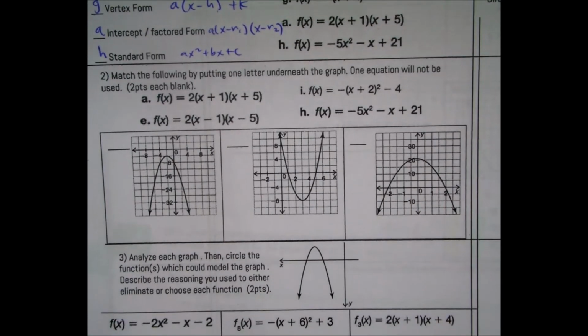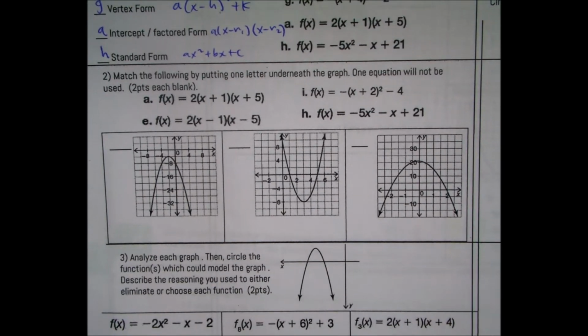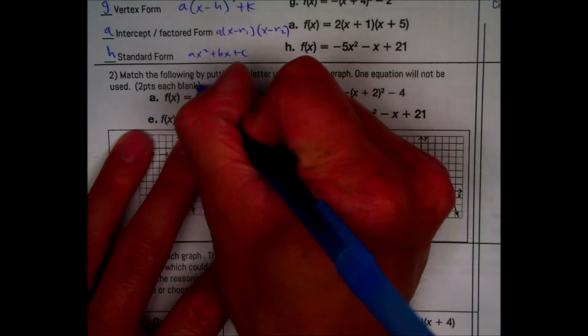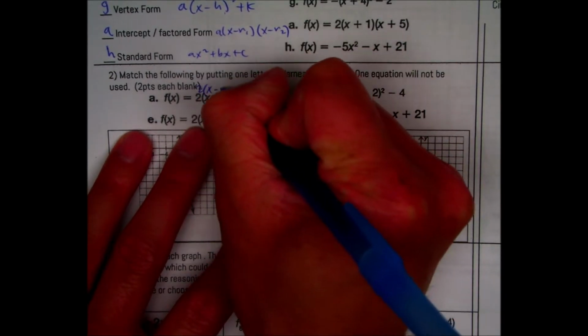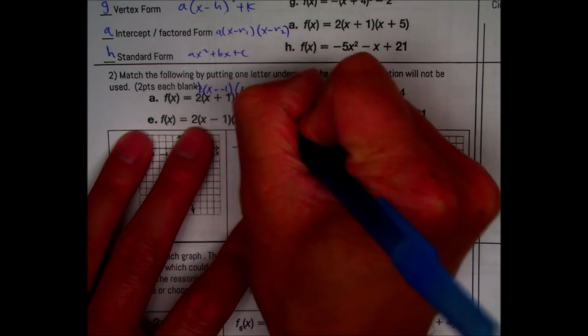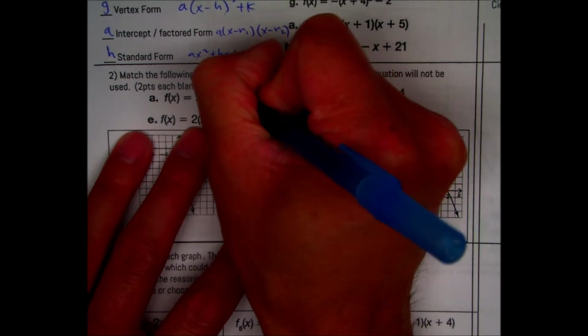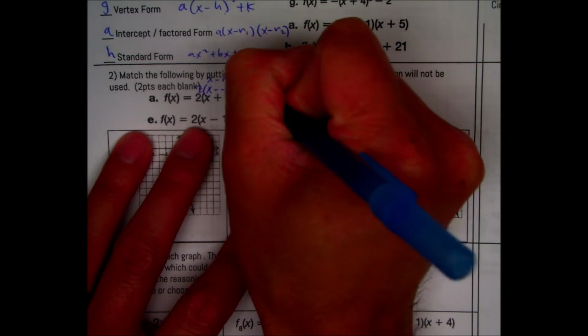Number 2, match the following by putting one letter underneath the graph or next to the graph. One equation will not be used. So here, if you change this one to x minus minus 1, x minus minus 5, this tells you your r values.